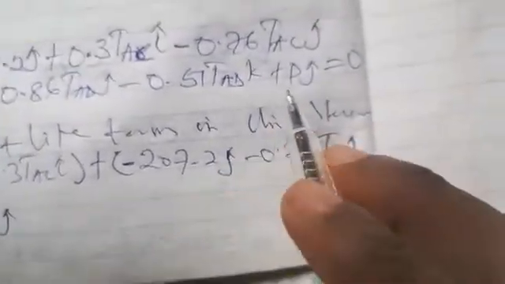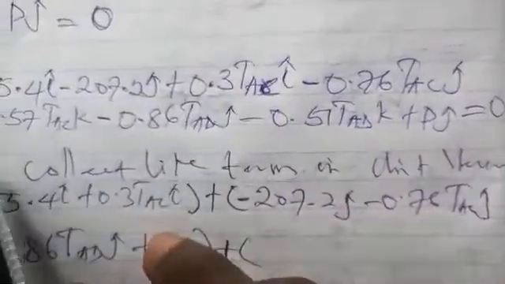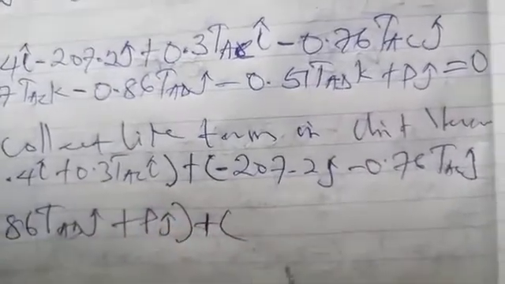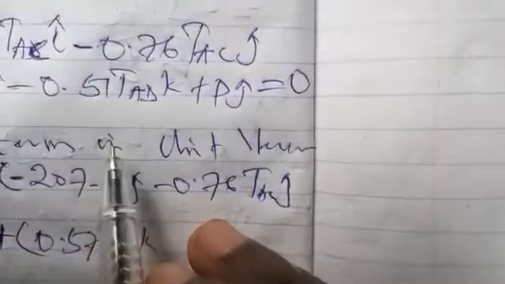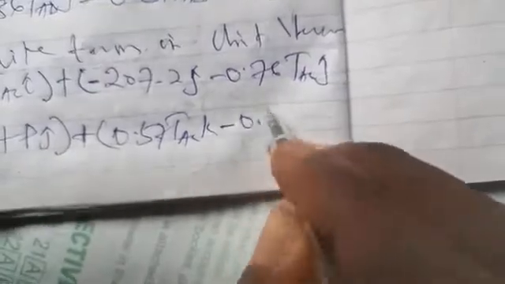We also have PJ plus PJ plus PJ. Close the bracket. Now let's bring all the k's together. We'll have 0.57 TAC k, 0.57 TAC k, minus 0.51 TAD k minus 0.51 TAD k, and this is equal to 0.